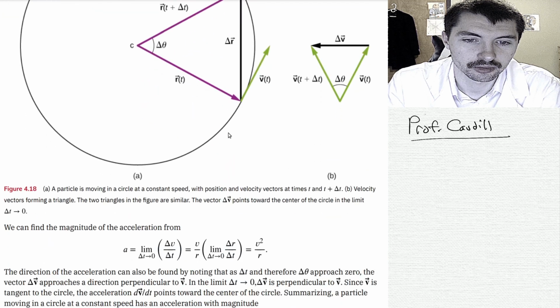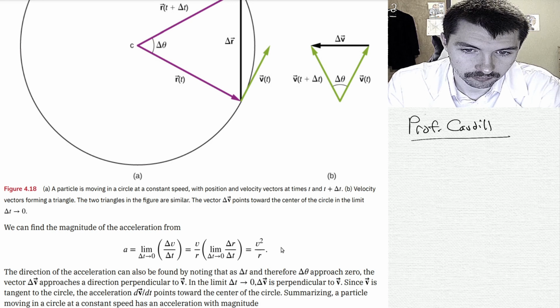All right, so we can find the magnitude of the acceleration. So this is just V. This limit as delta t approaches 0, that's just V. So it's V squared.